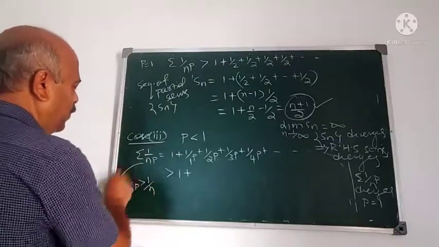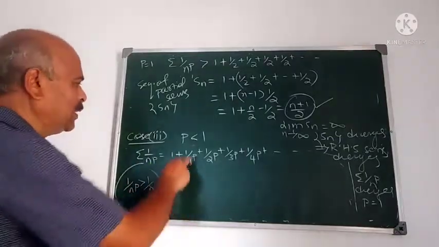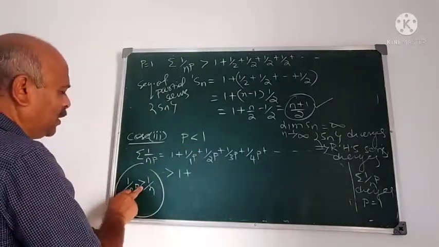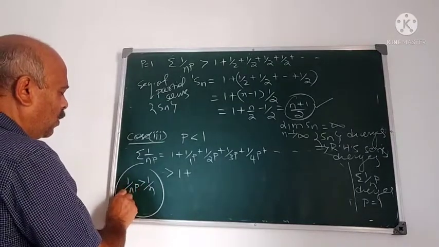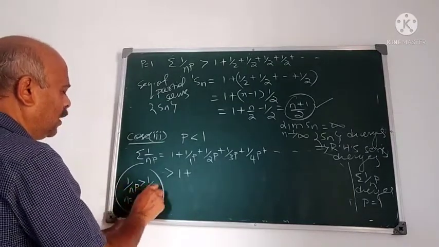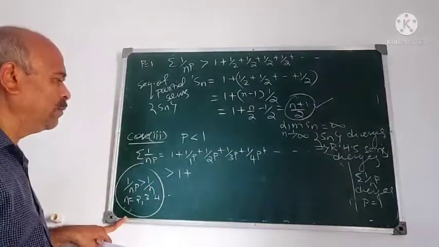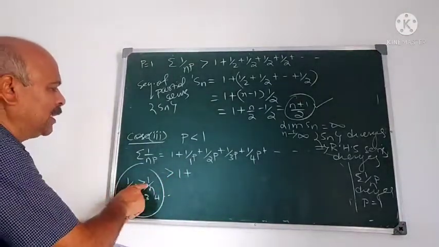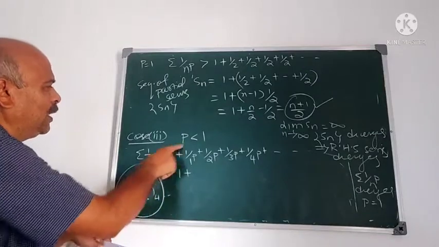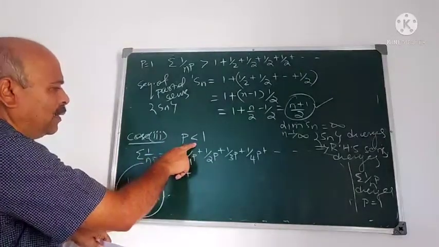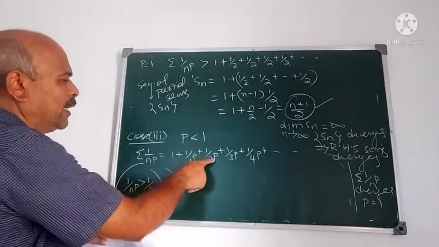So since p is less than 1, 1 upon n raised to p is greater than 1 upon n for all n equal to 2, 3, 4 and so on, because p is less than 1 here.